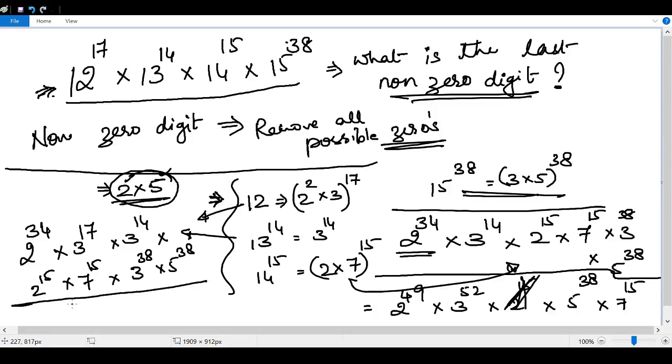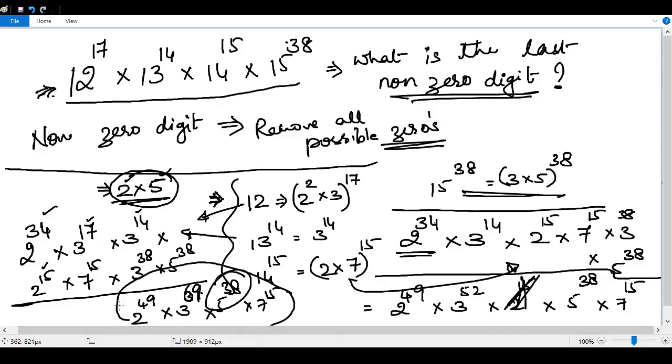So I have a total of 2 power 34 plus 15, that is 49, into 3 power 17 plus 14, that is 31, 31 plus 38, that is 69, into 5 power 38 and into 7 power 15.